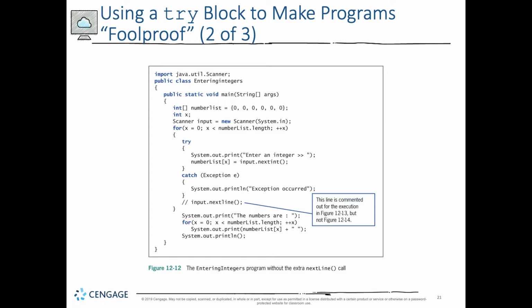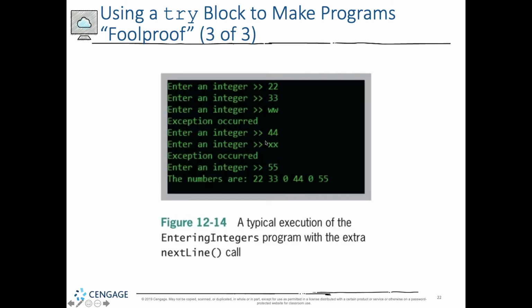You get an exception. But in this instance, it would be an input type exception because the value isn't an int, right? So here they enter WW, an exception occurred. 44, they enter XX, an exception occurred. And it just keeps going on. And it doesn't overwrite those numbers because those numbers were pre-initialized with 0.